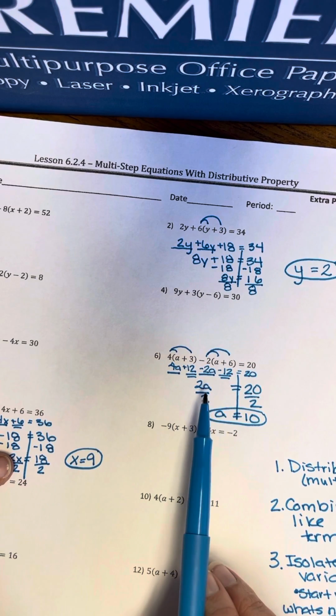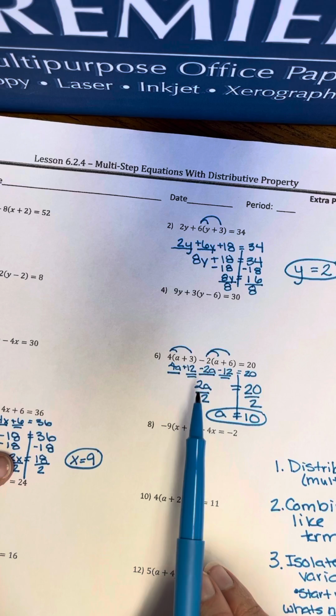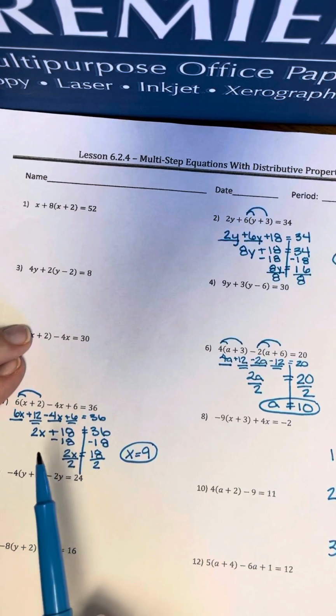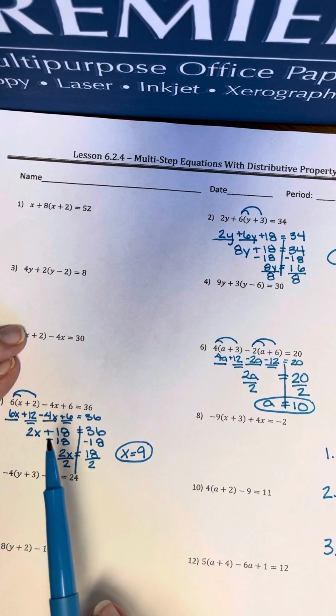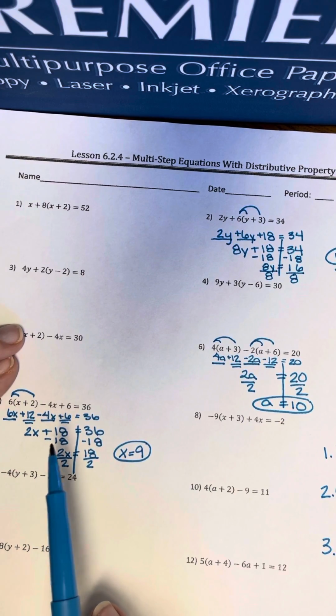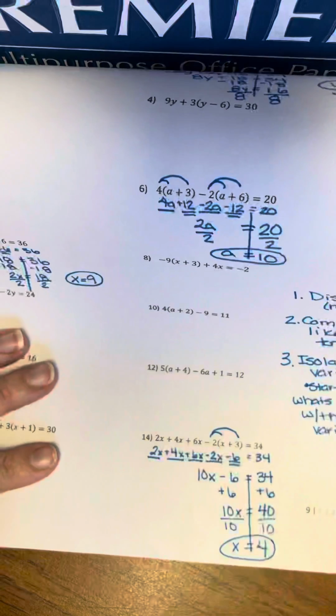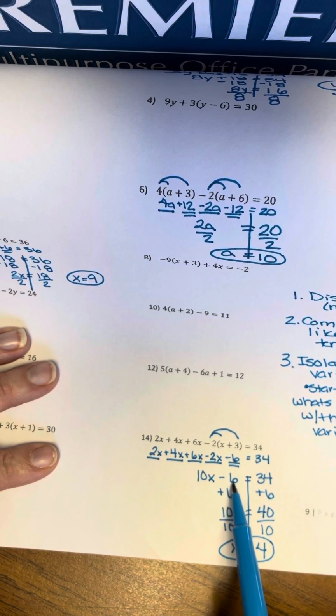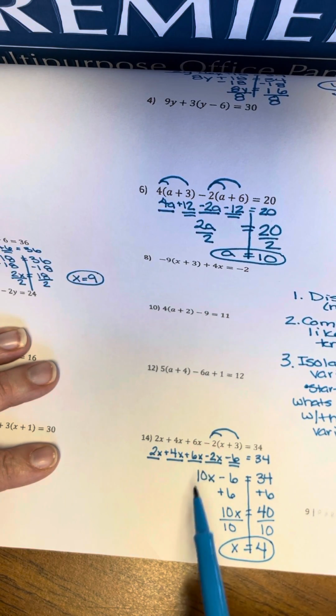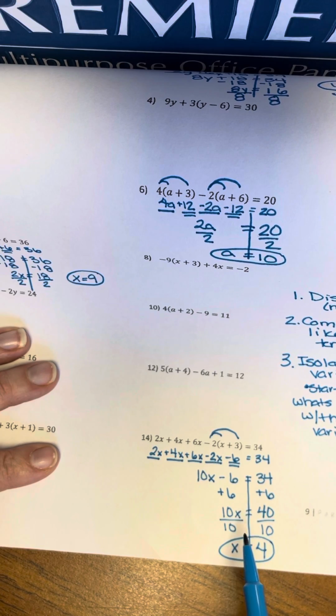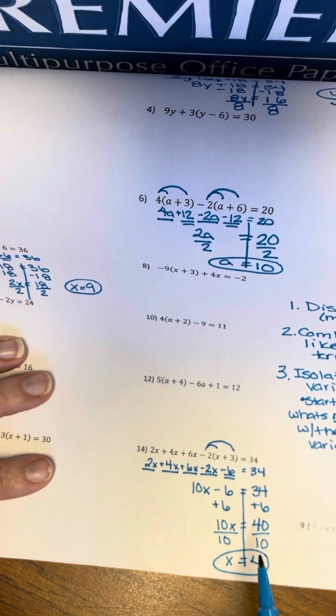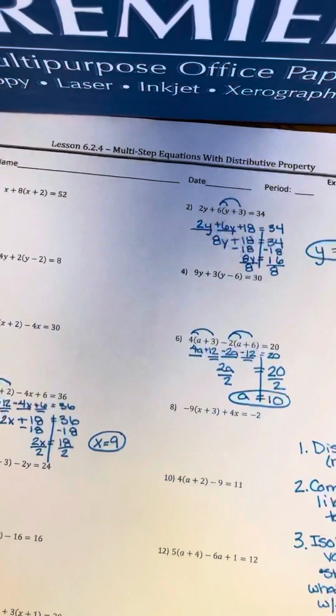This next one, remember that we didn't have anything, so we went ahead and did what was with our variable. Here, we started with the plus 18 by minus 18. And the last one down here, we started with the minus 6. We never touched the variable until the very last step. Okay? All right, your job is to finish what we have left.